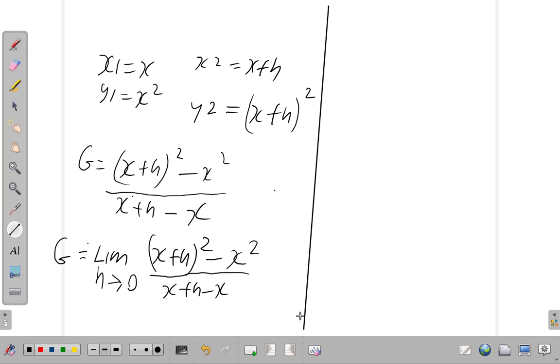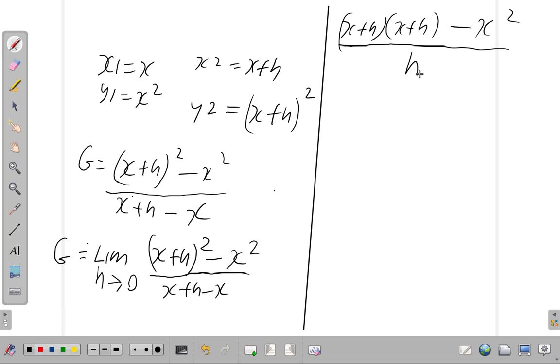Now let's simplify this. Let me partition the board and do the simplification over here. So x plus h squared is x plus h times x plus h, minus x squared, all over x plus h minus x. But x plus h minus x, the x would subtract itself, x minus x. So all you have under here is h in the denominator.